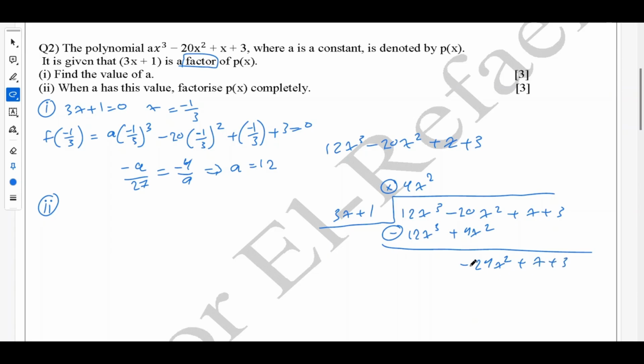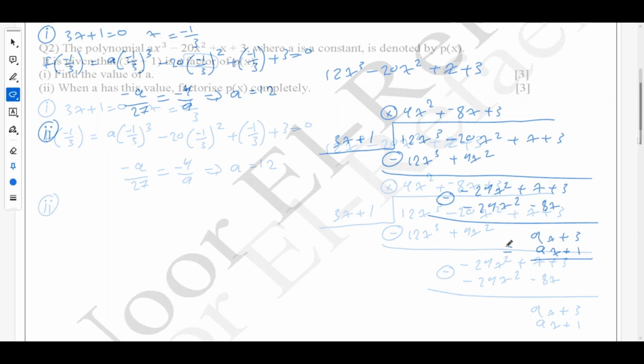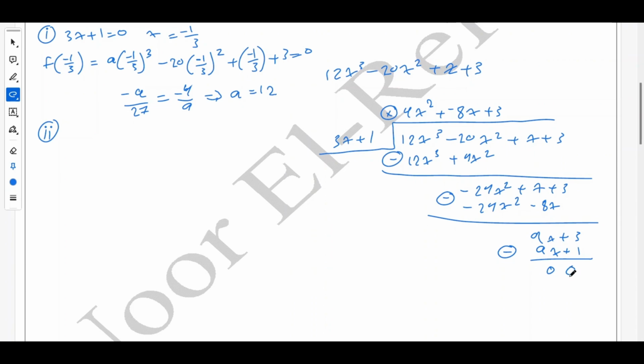Negative 24x squared divided by 3x is negative 8x. Negative 24x squared minus 8x, giving 9x plus 3. 9x divided by 3x is 3, so 3 times 3x plus 1 is 9x plus 3, minus gives 0.